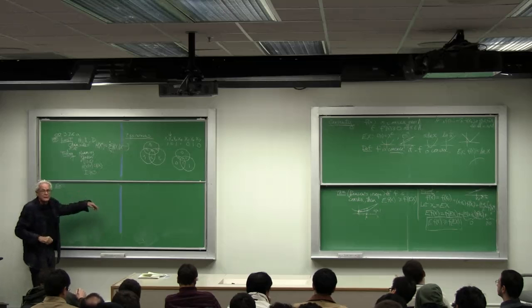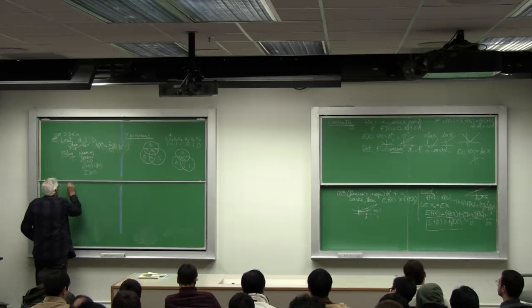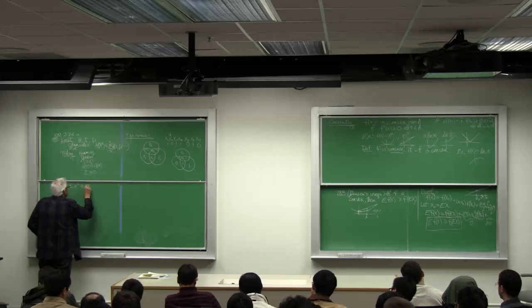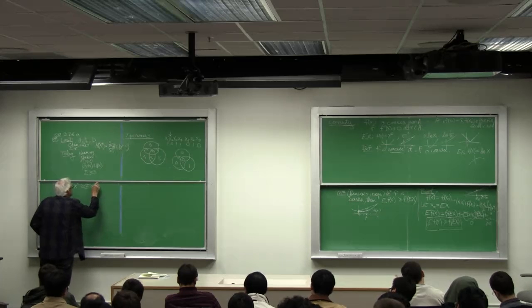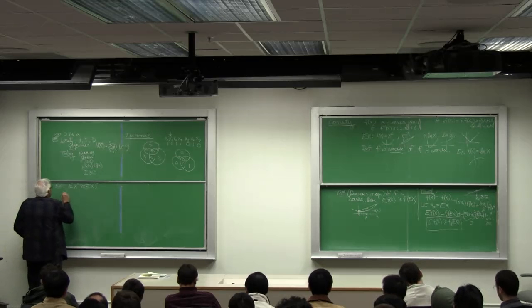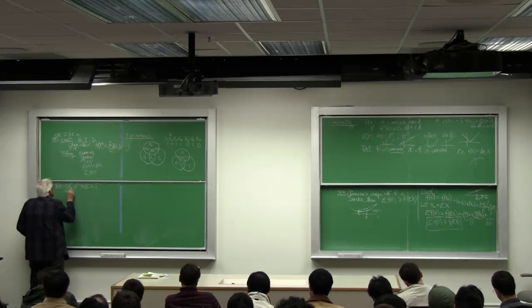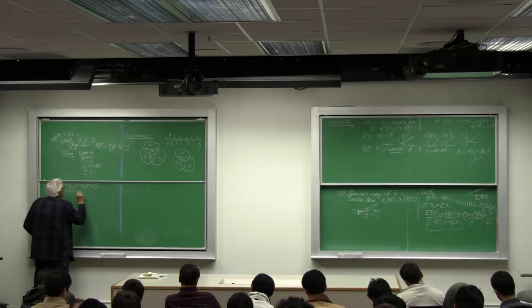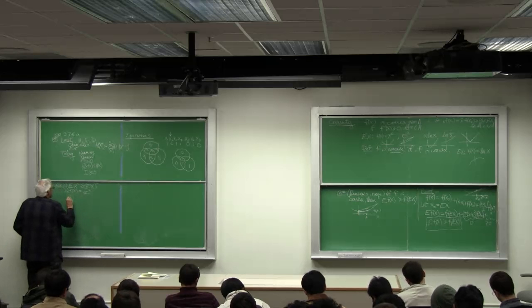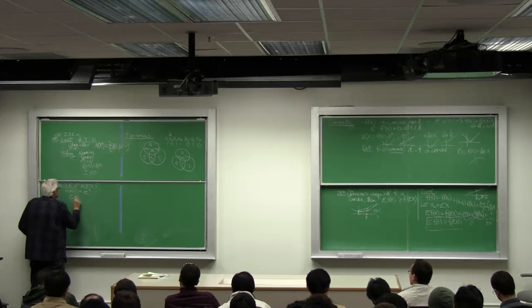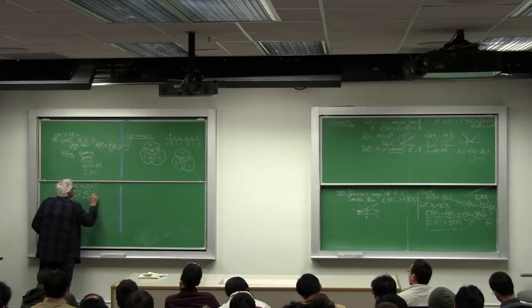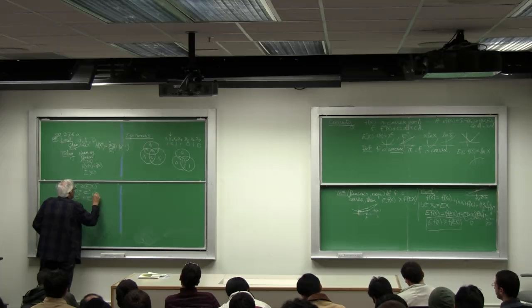If f of x is x squared, we get the well-known result that the second moment is greater than the first moment squared. Two, if f of x equals, say, e to the x, we get the fact that the expected value of e to the x is greater than e to the expected value of x.